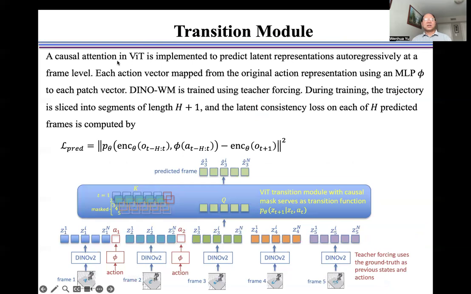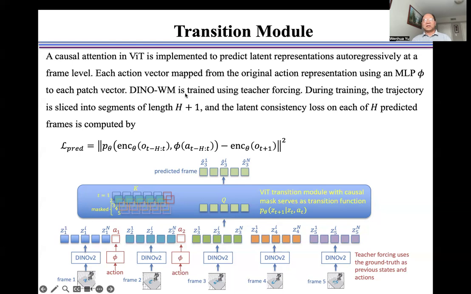A causal attention in the vision transformer is implemented to predict latent representations autoregressively at a frame level. Each action vector is mapped from the original action representation using a multilayer perceptron to each patch vector.